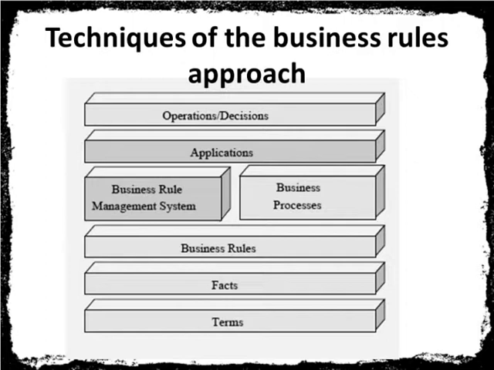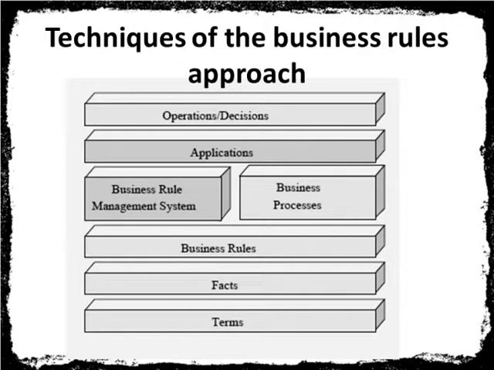Facts are the relations between terms, meaning that between a term and another term defined, there is a relation. These relations are named facts. Once we have the terms and the relations between them, the facts, we have all the business logic. We have all the logic behind the business. So we can formulate the business rules.